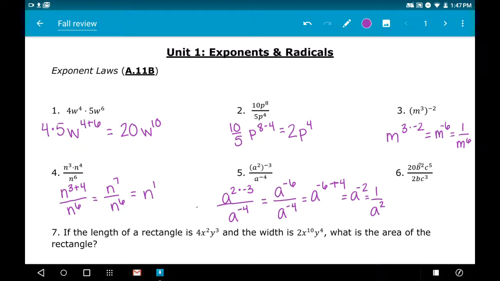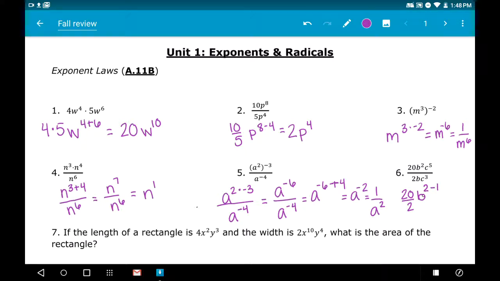With number 6, we just have division, but there are multiple variables. So 20 divided by 2, that's our first step. Then we just take each of the variables separately. So this one would be b. The top is a 2. Since we're dividing, I'm going to subtract. And this b down here doesn't have an exponent, but if it doesn't have an exponent, we learned that was a 1.